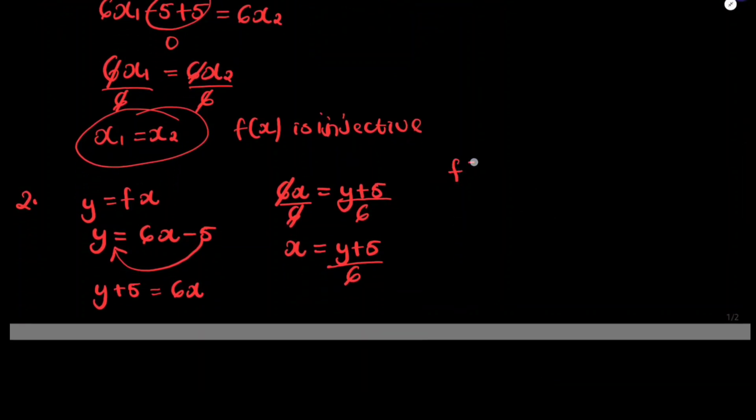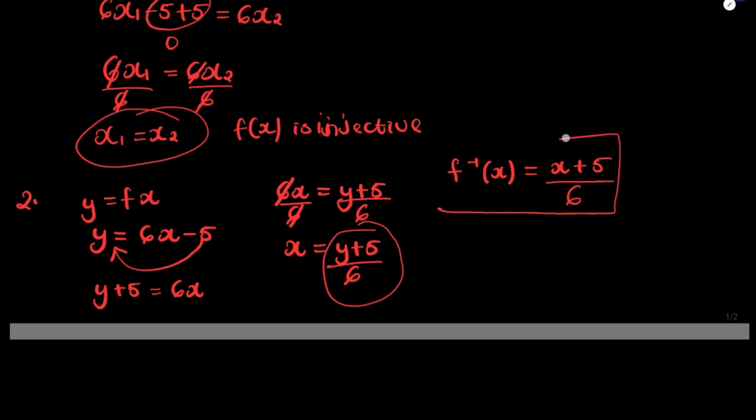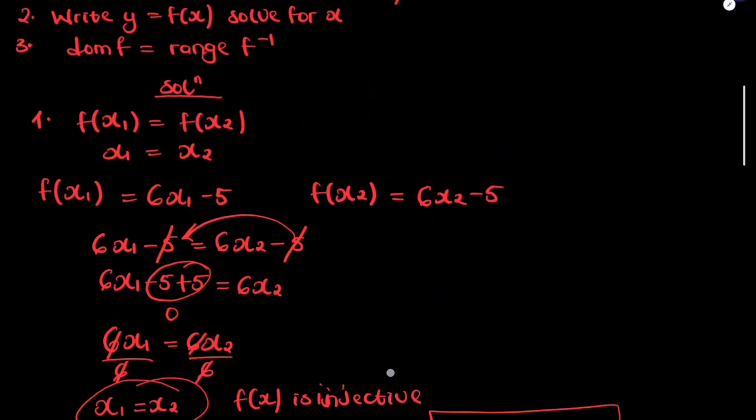We can say f inverse of x is equal to, here we replace y with x everywhere, so you will have x plus 5 divided by 6. So this is our f inverse of x. That is the second step.